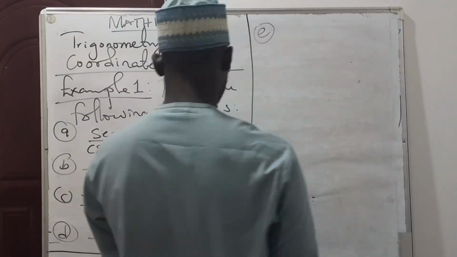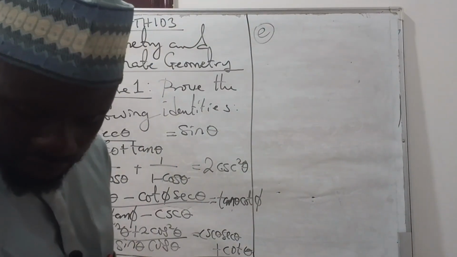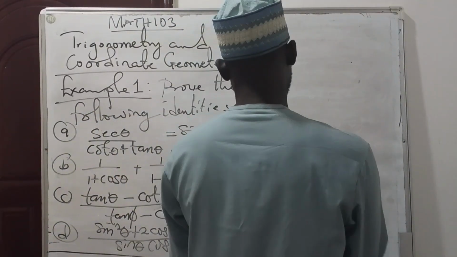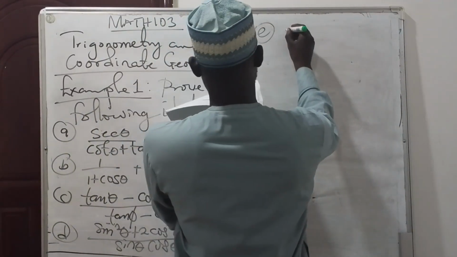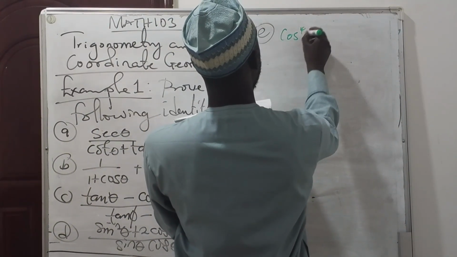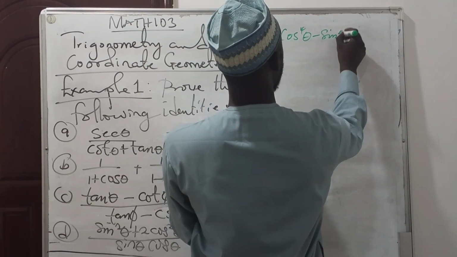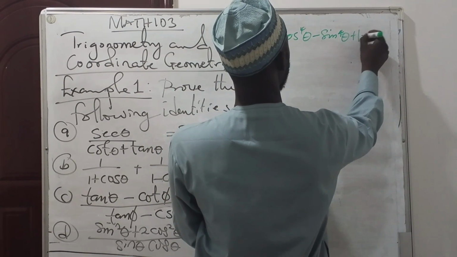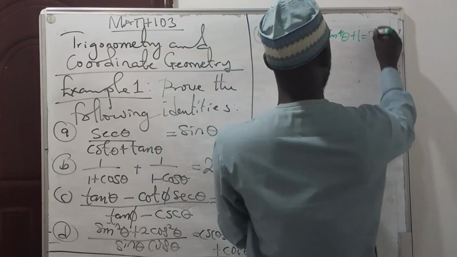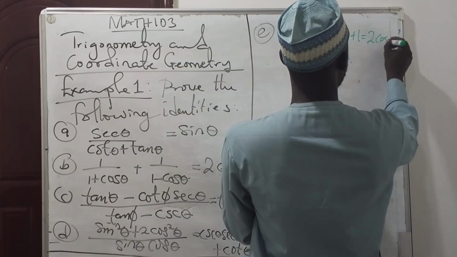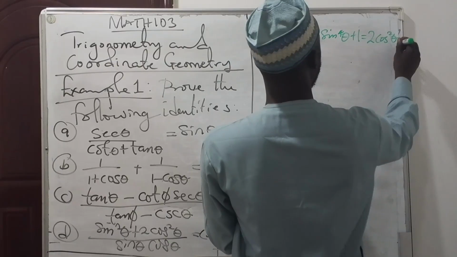The E part of the exercise is saying cos power 4 theta minus sine raised power 4 theta plus 1 is equal to 2 cos square theta.